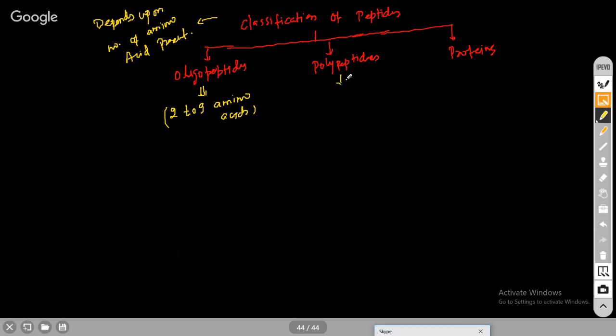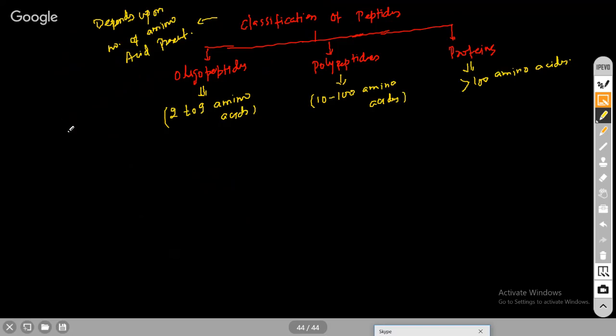Polypeptides have from 10 to 100 amino acids. If we have protein, then more than 100 amino acids should be present. So proteins are very complex compounds, branched and complex. The bonding is so complex over there.